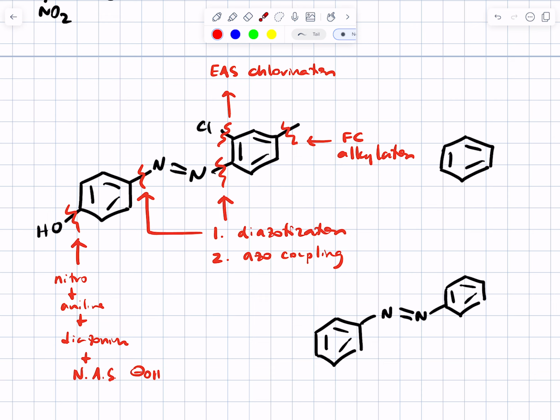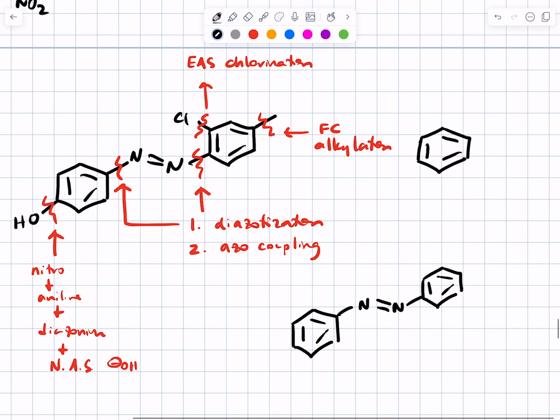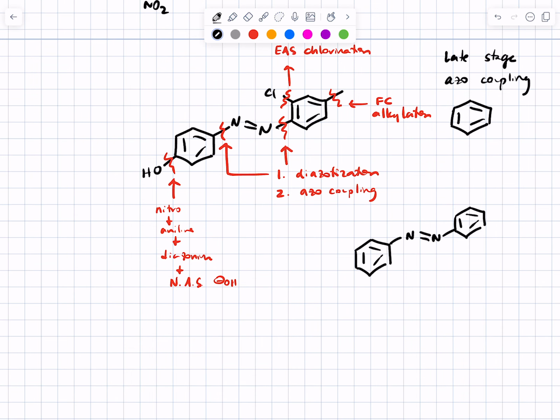So the principle there is we're going to use what's called a late stage azo coupling reaction. We want all our ducks in a row by the time we bring the two pieces together.